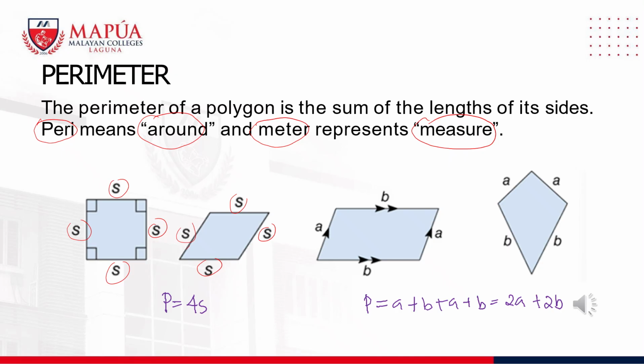Since they have equal measurement on each side, the perimeter is just the sum of all these sides, which is equal to 4 times S. So perimeter is S plus S plus S plus S. So simply 1, 2, 3, 4, there are 4 S. So perimeter is equal to 4S.